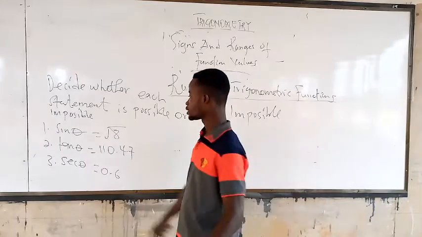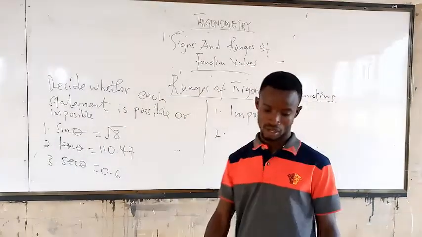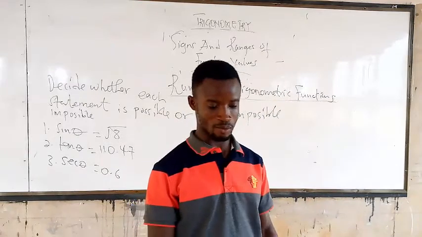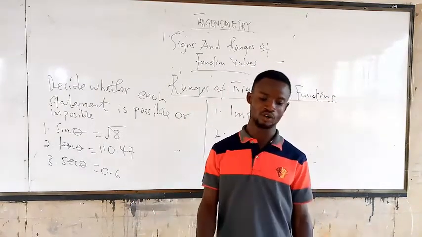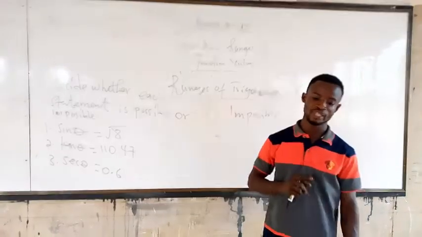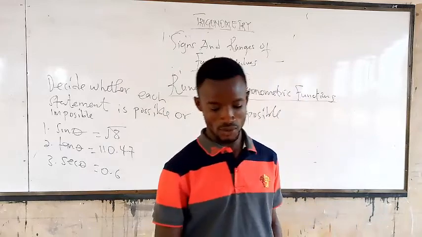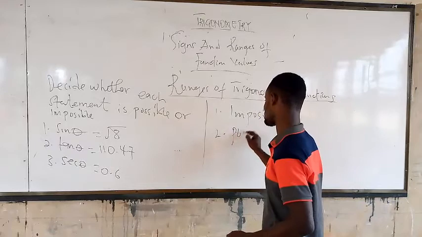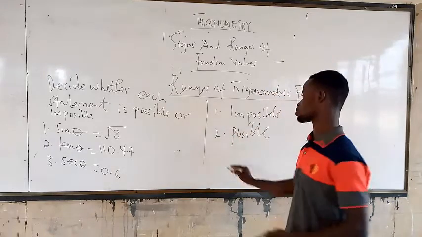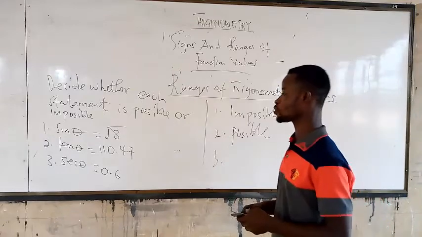2. Tan theta is 110.47. Now let's go back and check the range for tan theta. We said that tan theta and cot theta can be equal to any real number. So no matter what the number is, this is possible. 3. Sec theta is 0.6.